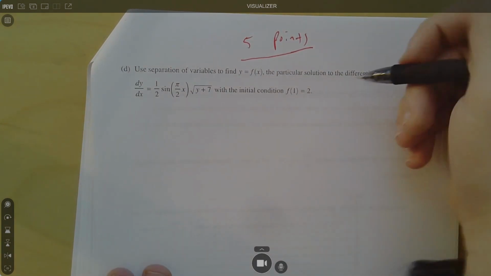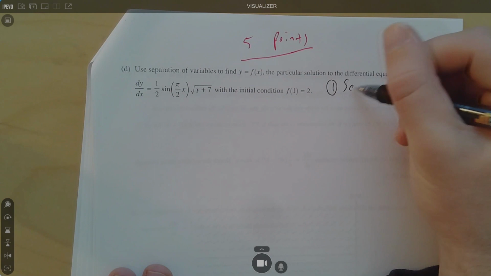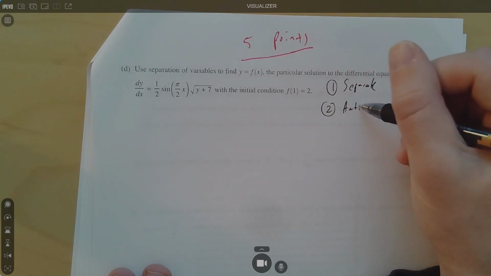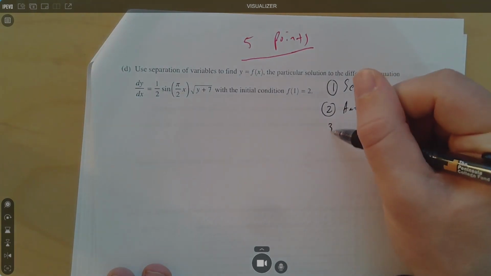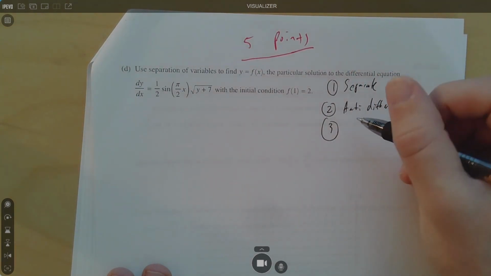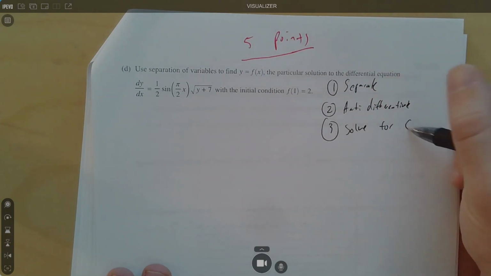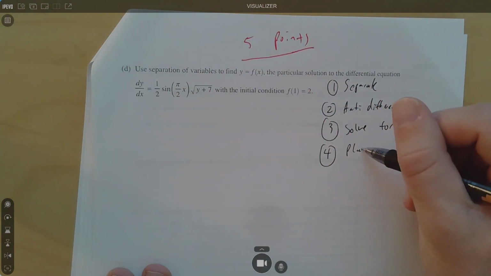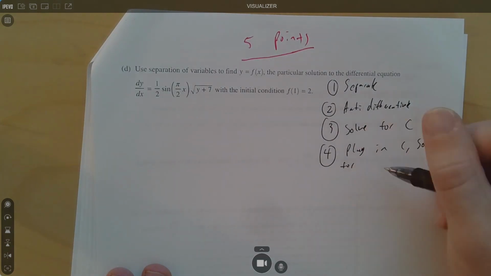The steps, if you remember, for solving a differential equation by separation: you want to separate, you want to anti-differentiate, you want to solve for C, and then you want to plug in C and solve for y.